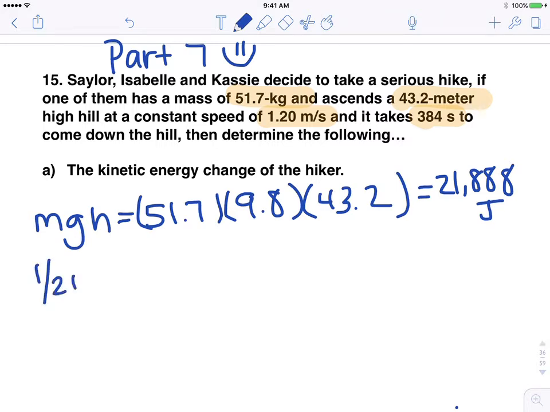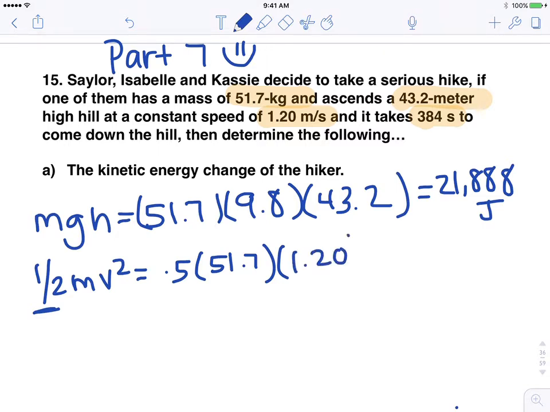Kinetic energy is 1/2 mass times velocity squared. And so we have 0.5. I've just taken this fraction and turned it into decimal. A mass of 51.7. Again, I'm sorry, I'm leaving out the units just because I don't have enough space and I write really big. And then we have our speed or our velocity, and we're squaring that.